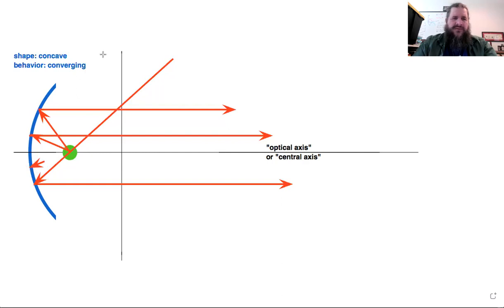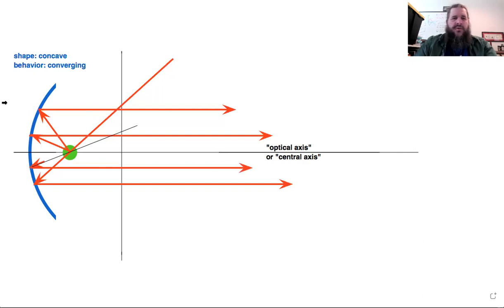The fact that this ray of light is at least on a line, we may as well use the term collinear. This is a ray of light that is collinear with the focal point. Any ray of light that is collinear with the focal point, whether it's actually passing through it or not, is going to hit the mirror and bounce off to become parallel.